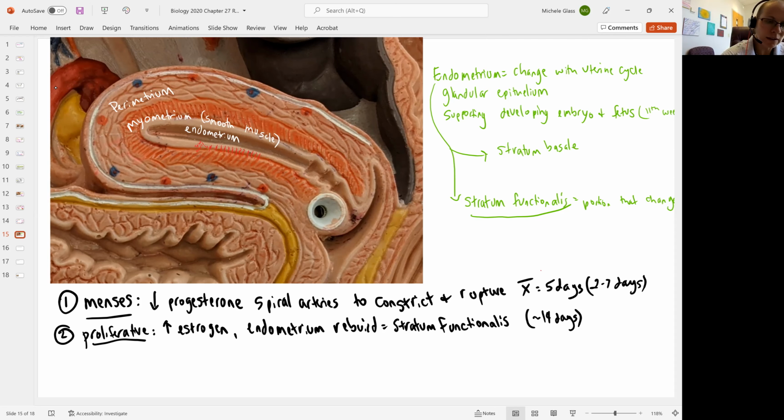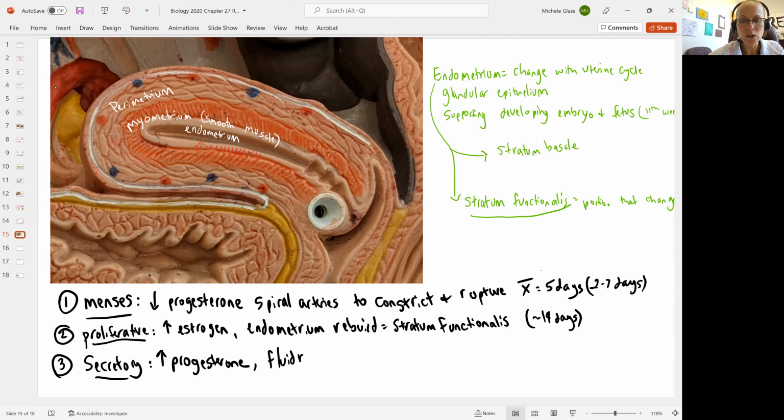So we'll see the third phase is the secretory phase. This is happening from a trigger, from an increase in progesterone. And we get that increase in progesterone, remember, because we've ovulated, we've released the secondary oocyte, the Graafian follicle has become the corpus luteum, and the corpus luteum is releasing progesterone. And so we're basically preparing for implantation. We're going to get a fluid rich in glycogen.